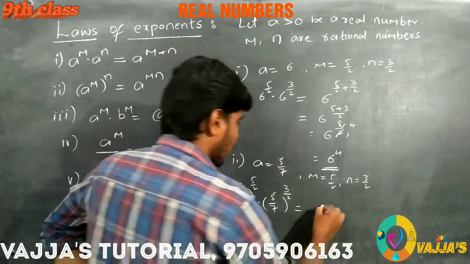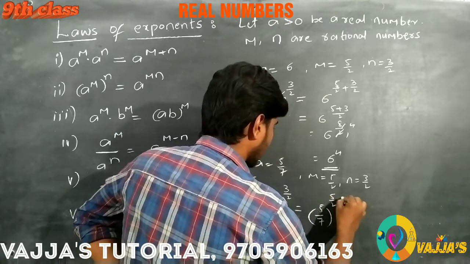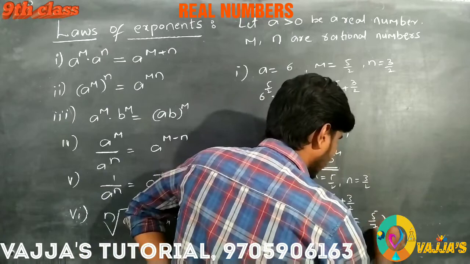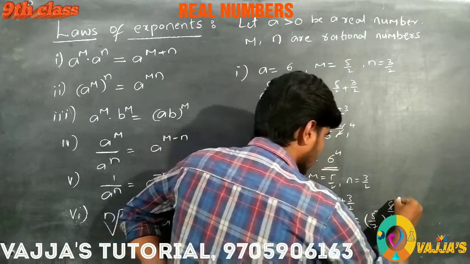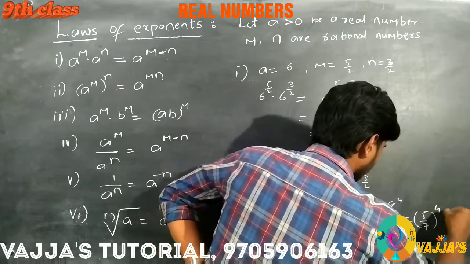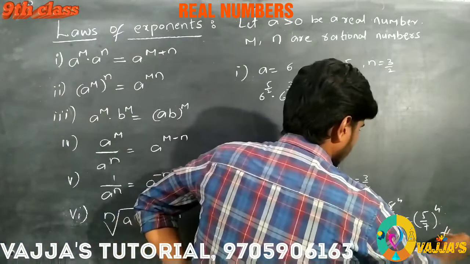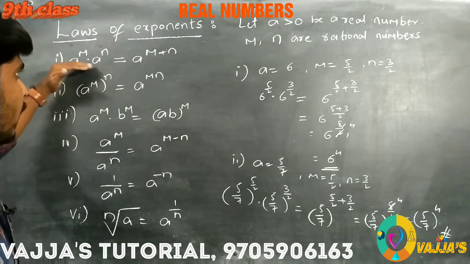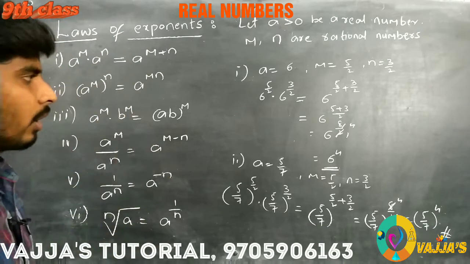This becomes 5 by 7 whole power 5 by 2 plus 3 by 2, nothing but 5 by 7 whole power 8 by 2, which is 5 by 7 whole power 4. This is the final answer. This is the first law, a power m into a power n is equal to a power m plus n.